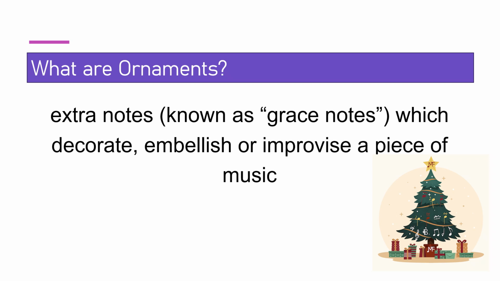These are extra notes or symbols or signs, but altogether we also call them grace notes. So if you don't want to use the word ornaments, you can use the words grace notes, and they are there to help embellish, to decorate a piece of music.